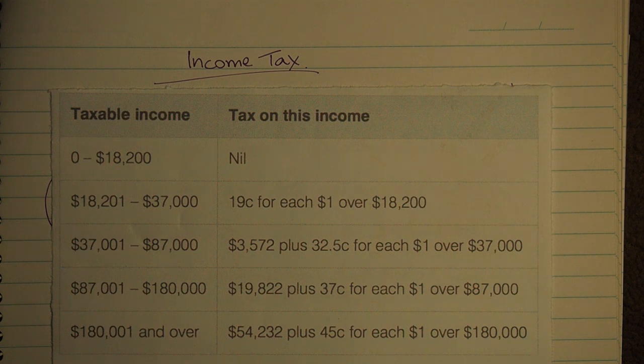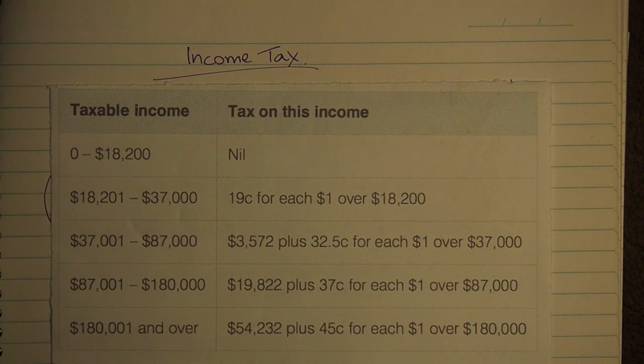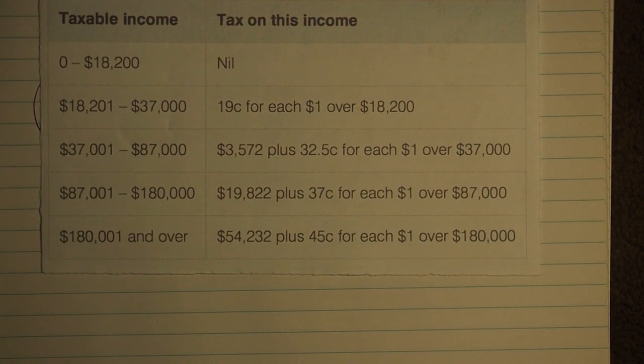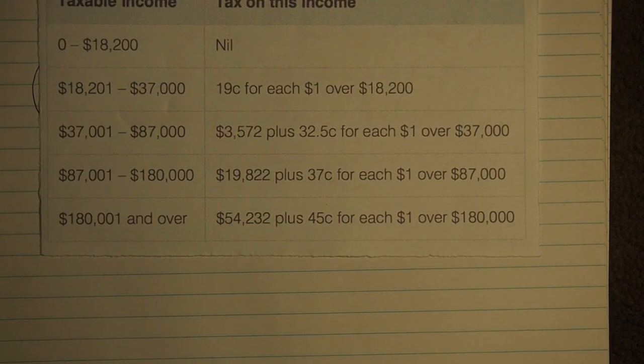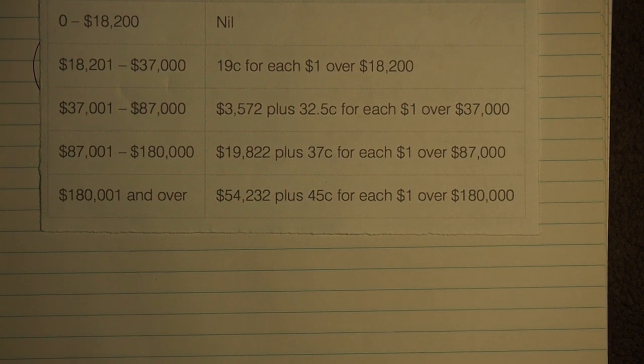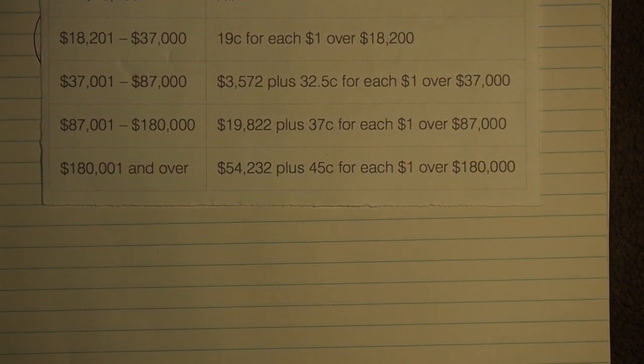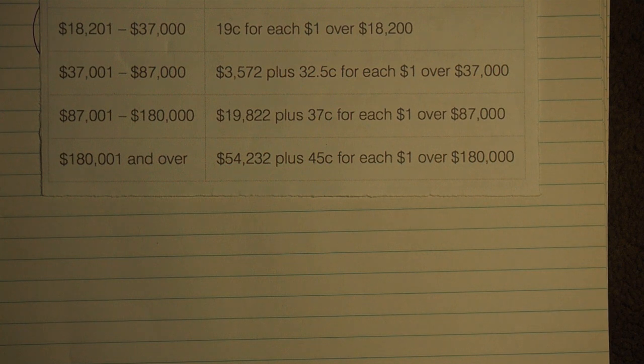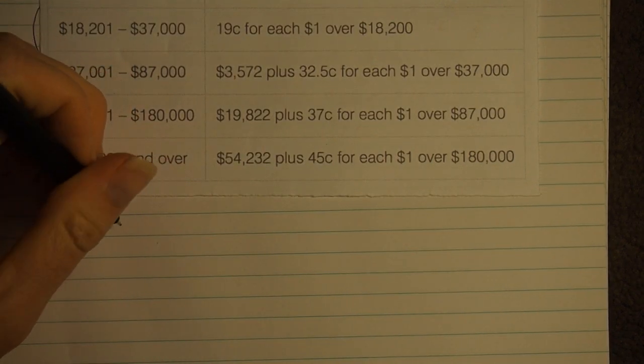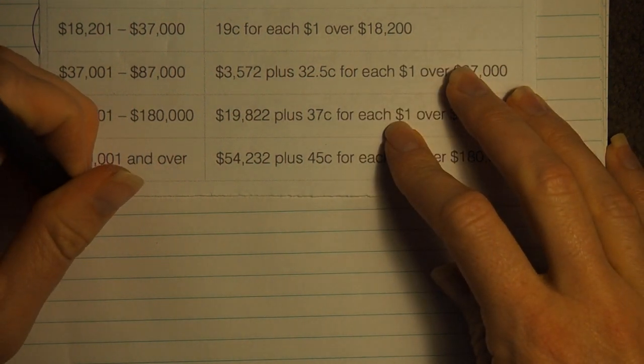Okay, so I want to take you through an example. Find the tax payable for someone who earns an income of $45,600, and I'm going to write that down in a sec. I just want to give myself some room. Okay, so we want to find the tax payable on a person's taxable income.